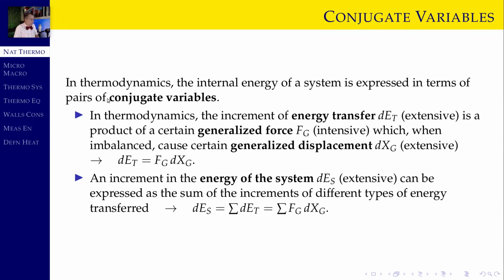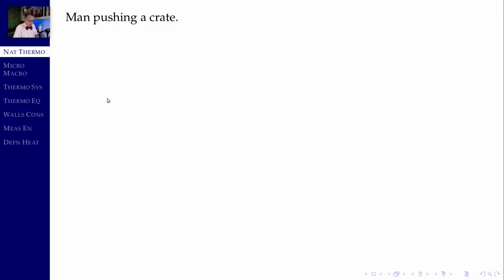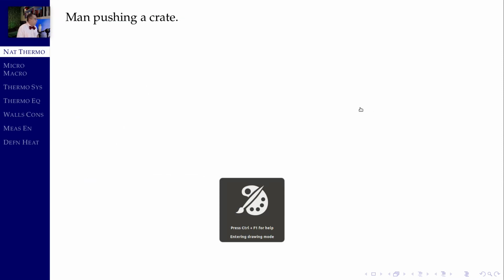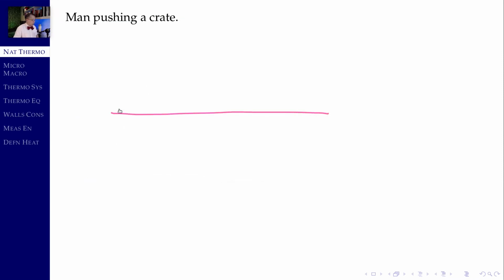So now, what is this man pushing a crate? Sorry. So if we have a big crate right here, and we have a man pushing that crate, therefore the man will have to exert a certain amount of force this way.